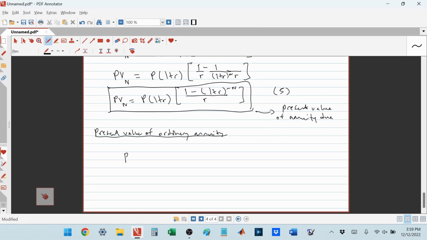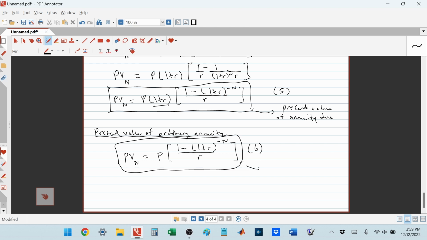And what you're going to find if you do the math, just like we did up there, is the present value of an ordinary annuity. It's going to look very similar to the present value of an annuity due, but we won't have this extra 1 plus R here. This is equation 6, the present value of an ordinary annuity.